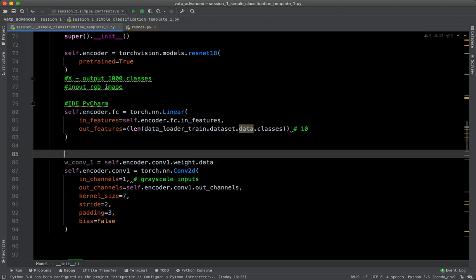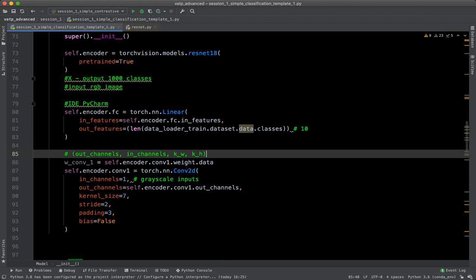So here the shape is, if I remember correctly, out channels, in channels, and then the kernel width and kernel height. So this will be the kernel.